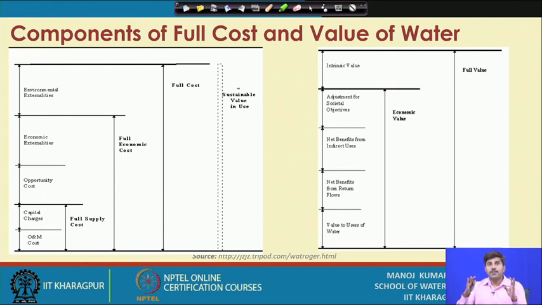If its cost and value are reasonably in the same range, we can say that the use is sustainable; otherwise, the use is not sustainable. On the full cost side, we already discussed the O&M cost, capital cost, opportunity cost, and economic and environmental externalities.